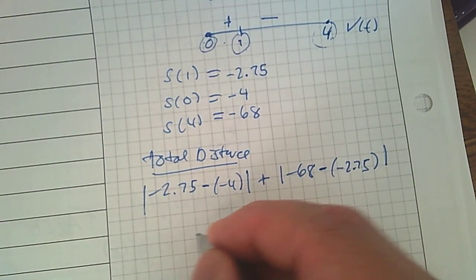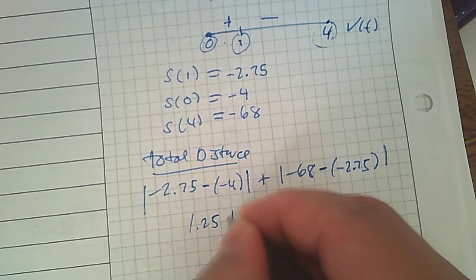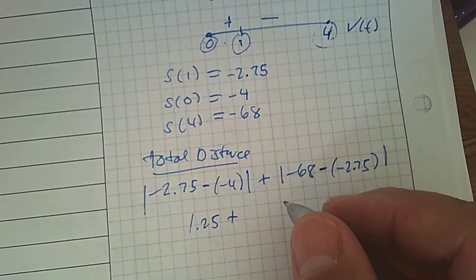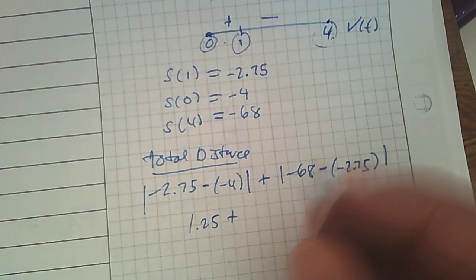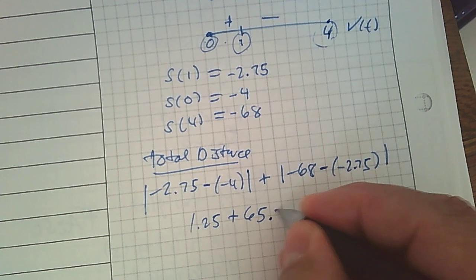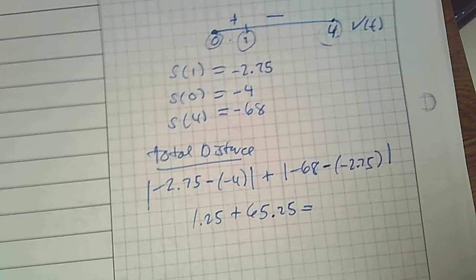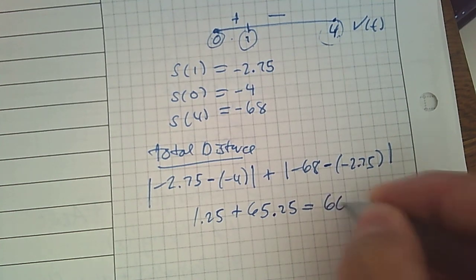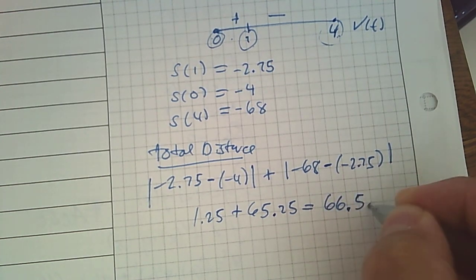But the next one will be a negative answer, negative 65.25. But you're going to change that negative answer to a positive answer by doing the absolute value, so positive 65.25, and then add them together. So the total distance here is 66.5 meters.